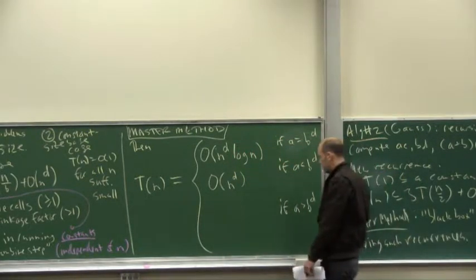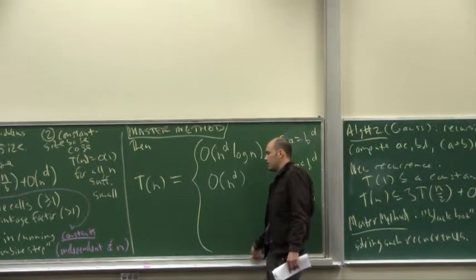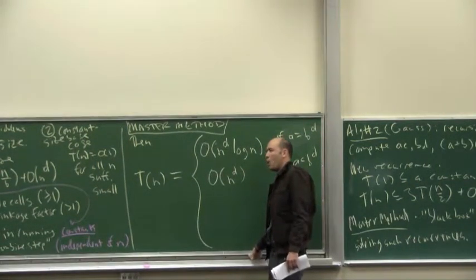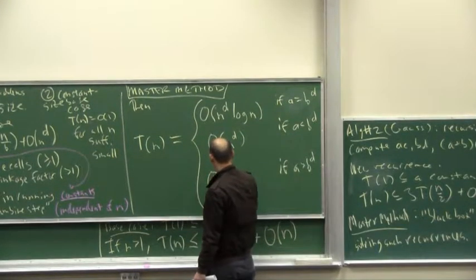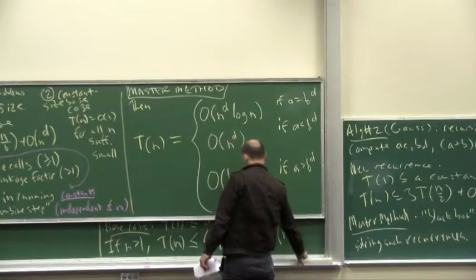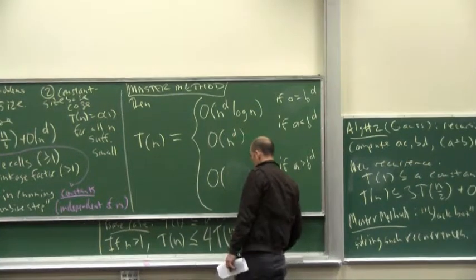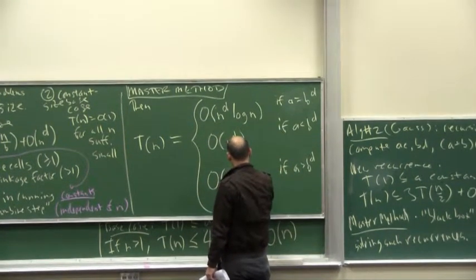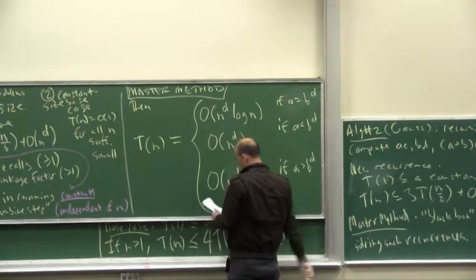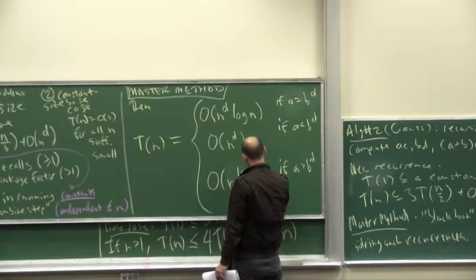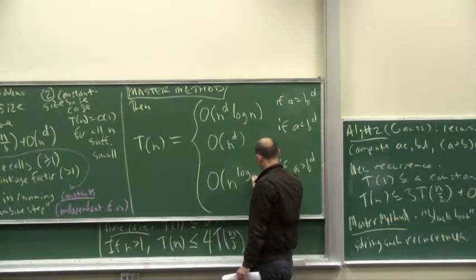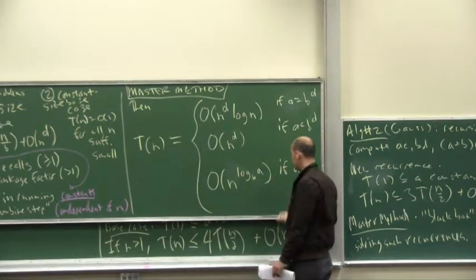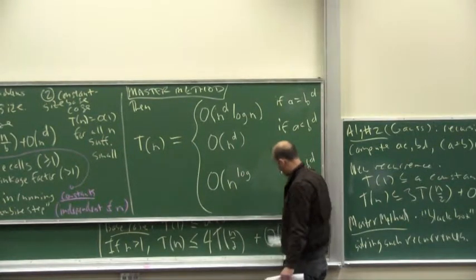And in the third case, which initially seems kind of funky, but by the end I think you'll agree that there's no way it could be anything other than this, it is big O of n raised to the log base b of a.